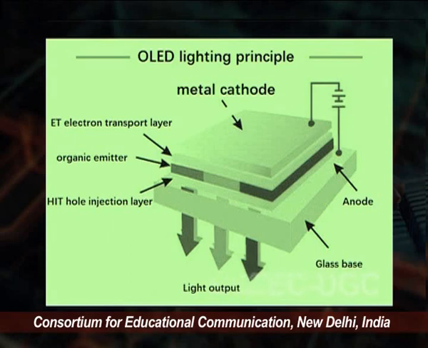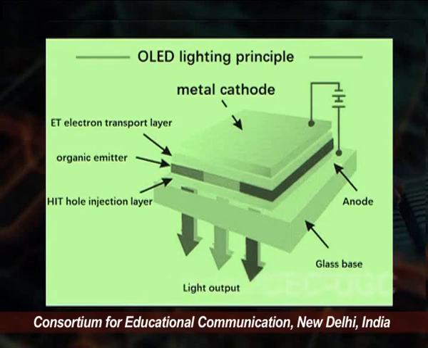On the left hand side you see the electron transport layer and the organic emitters, and there is a hole injection layer where the injection of the holes and electrons takes place, and at the bottom the light will form.